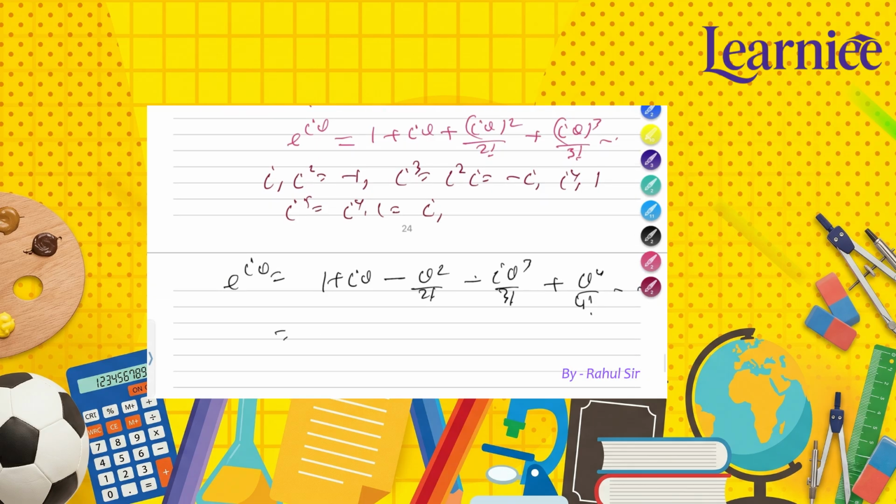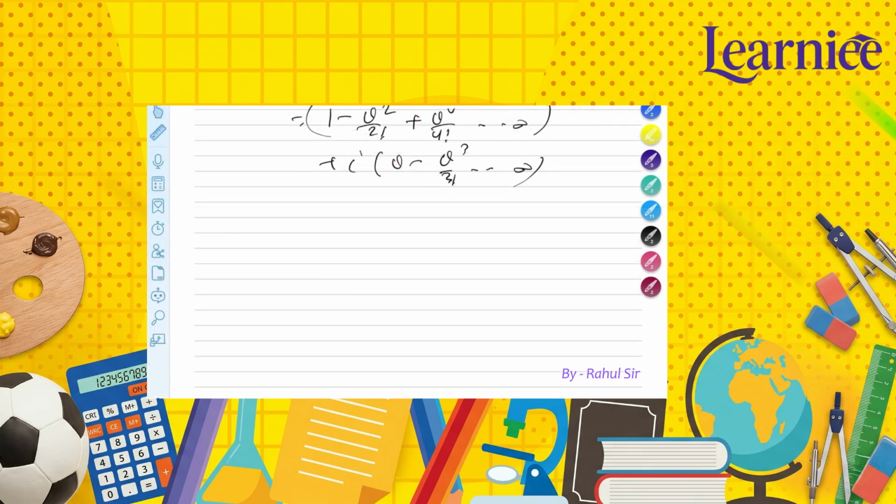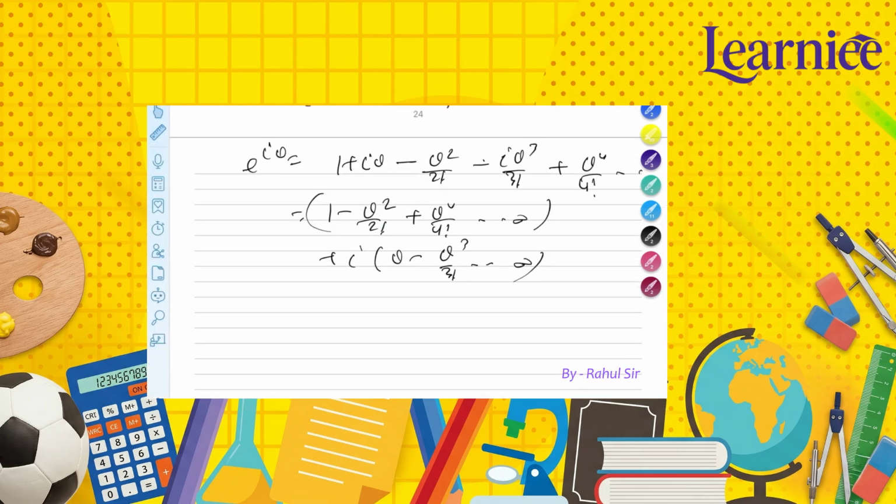Segregating the real and imaginary parts: 1 minus theta square upon 2 factorial plus theta to the power 4 upon 4 factorial up to infinity, plus i times theta minus theta cube upon 3 factorial up to infinity. So basically we have e to the power i theta, the real part is 1 minus theta square by 2 factorial plus theta to the power 4 by 4 factorial, whereas the imaginary part is theta minus theta cube by 3 factorial plus theta to the power 5 by 5 factorial and so on up to infinity.